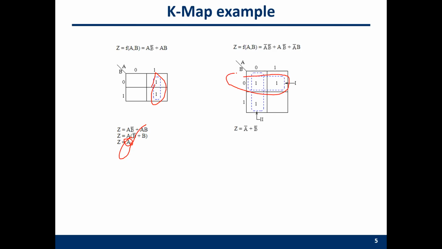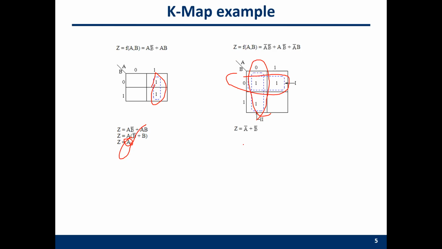One group like this, the other group like this. Then we will write what each group represents independently. For example, for this vertical group, A is always 0. For these two boxes, A is always 0. So we write A bar.